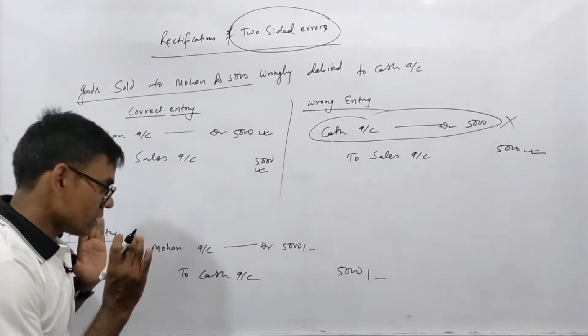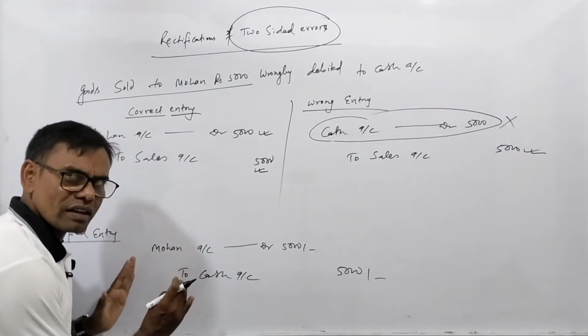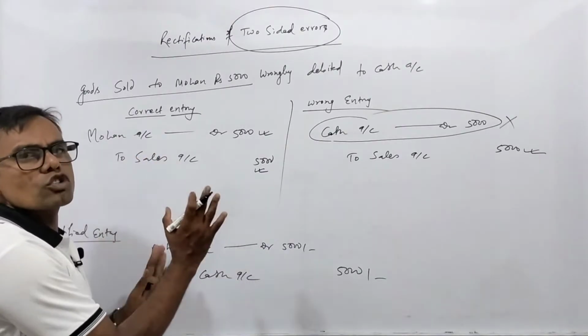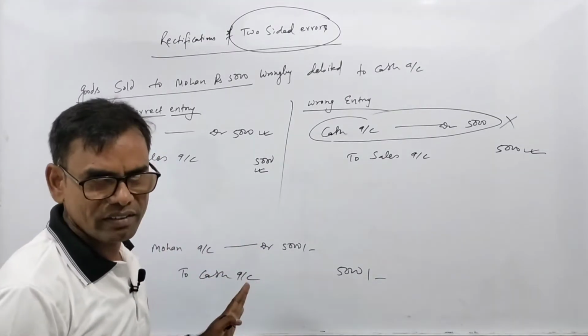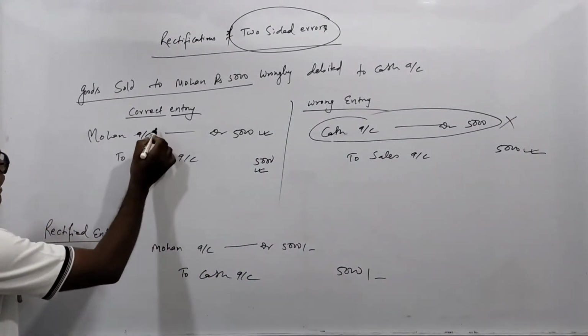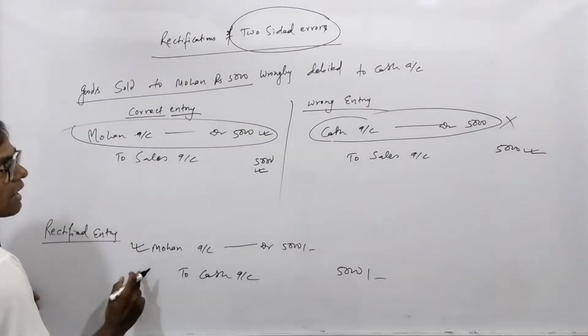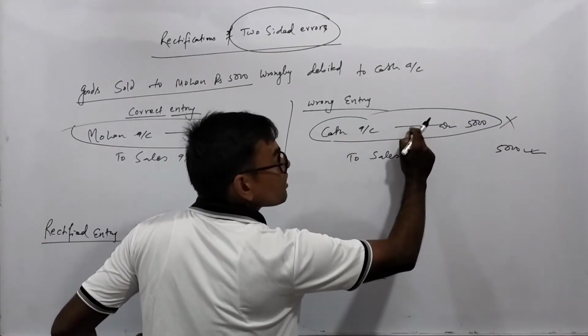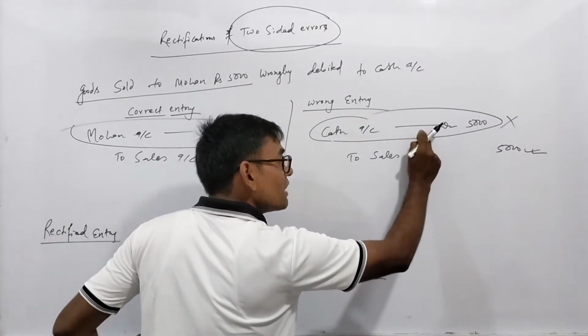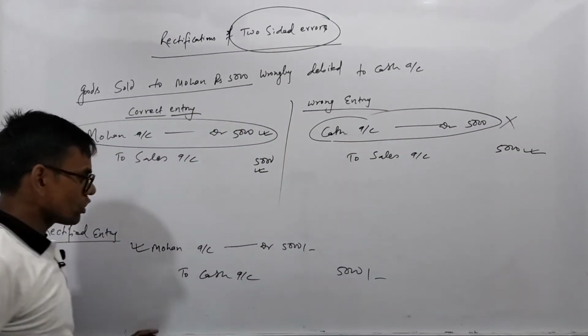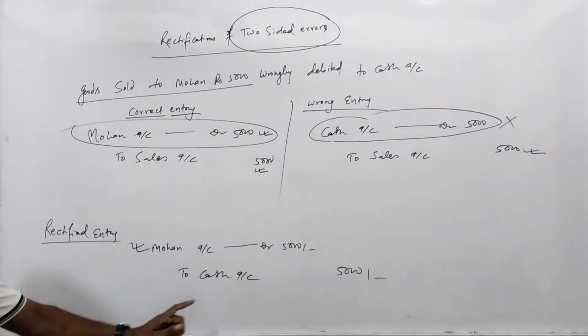If we pass such a journal entry, the error will be rectified, because Mohan account, which was omitted, is now written, and cash account should not have been debited, so this cash account should be credited.